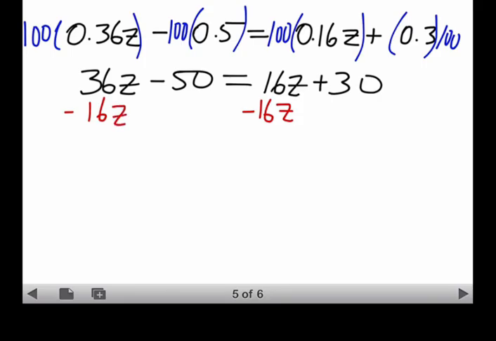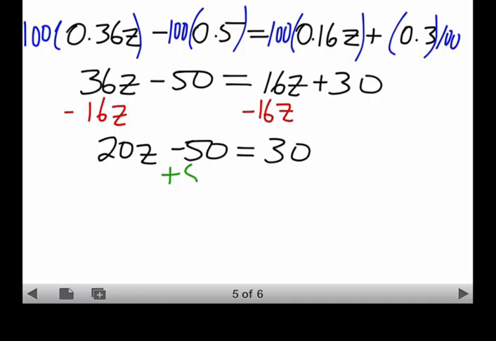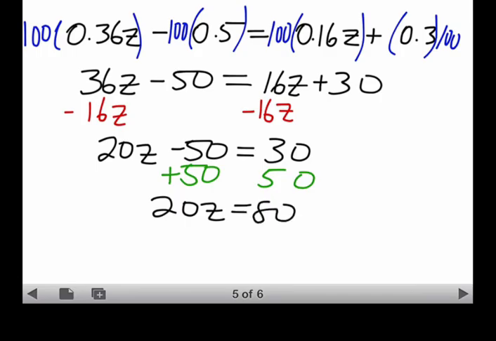We get 20z minus 50 is equal to 30. I'm going to add 50 to both sides, getting the variable term by itself. 20z is equal to 80. And finally, I'm going to divide both sides by 20 to end up with the final answer of z is equal to 4.